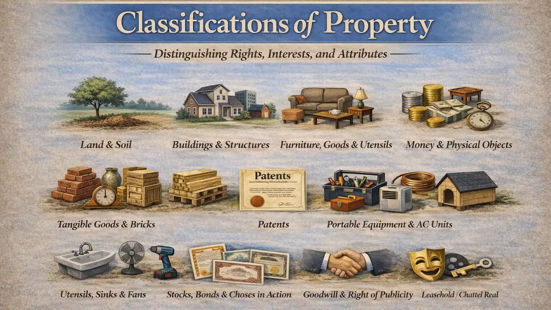So, I hope you enjoyed this little deep dive into the classifications of property. We're going to continue a couple more live streams on property as we dive into American jurisprudence and really get down and dirty where the rubber meets the road and learn something that you probably never even knew you didn't know.